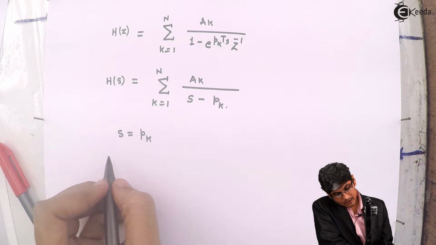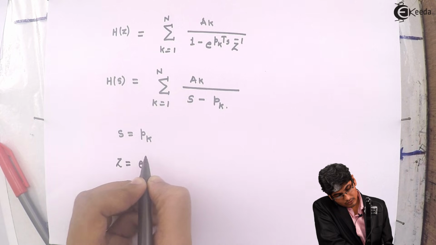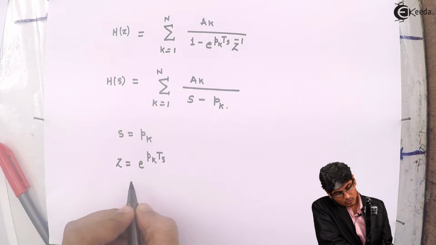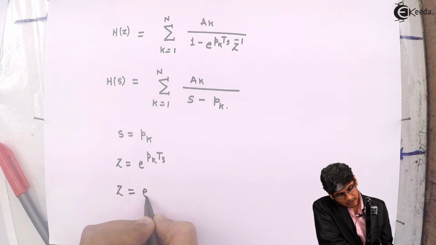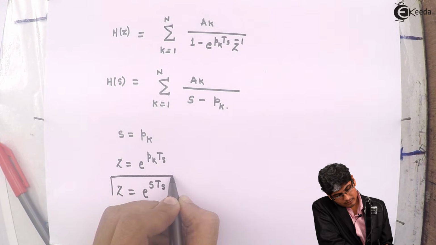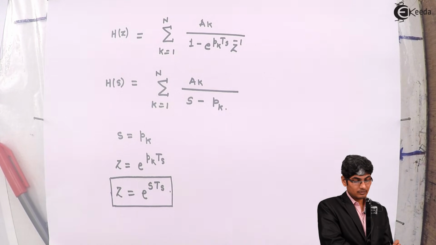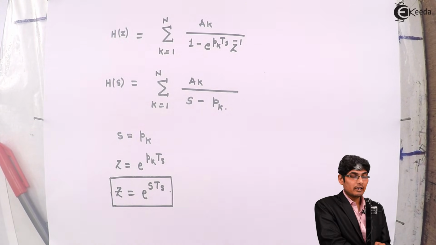So the pole will be s equals p_k, and here the pole becomes z equals e raised to p_k into Ts. So I can replace p_k by s, and I get e raised to sTs. So I get the relation between z and s as z is equal to e raised to sTs.